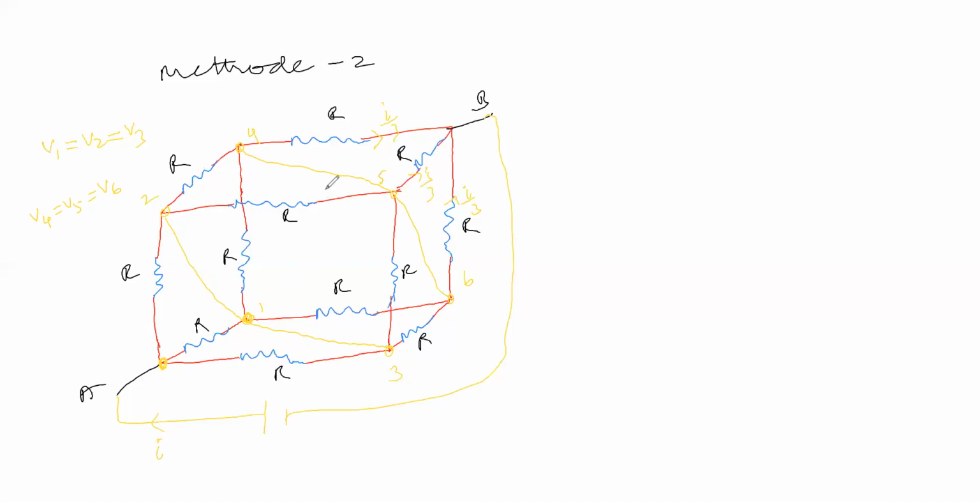By simplifying and drawing this diagram, we get this: this is the point A. First, we take these three resistances in parallel. Next, we take these six resistances in parallel.